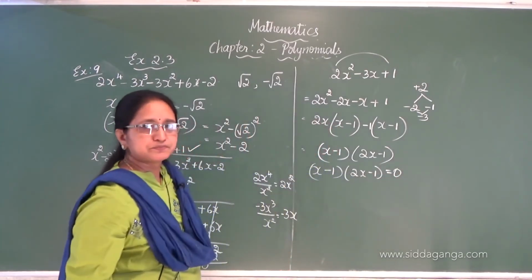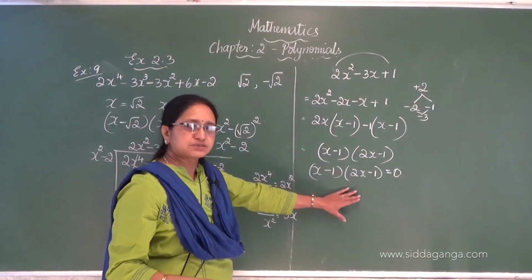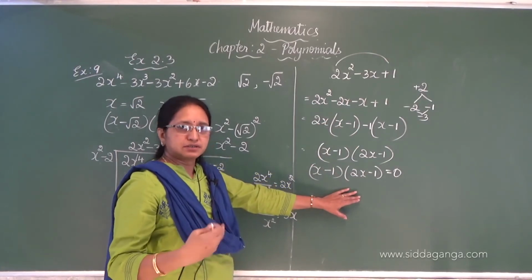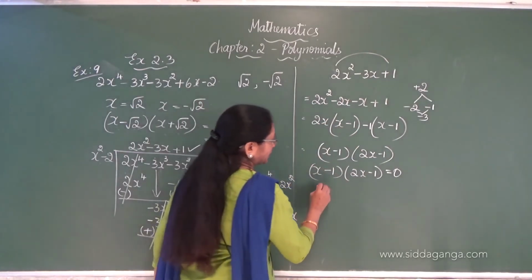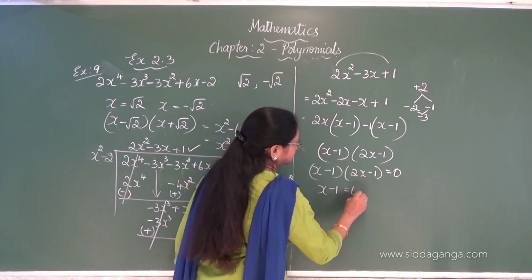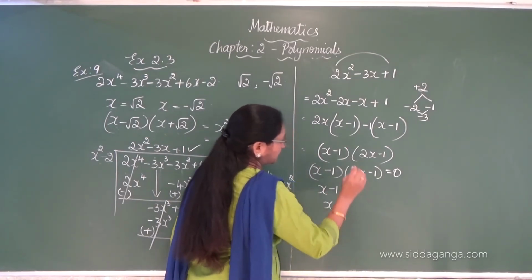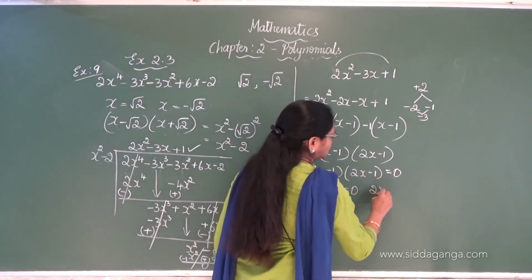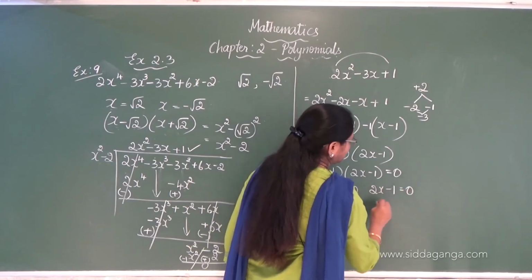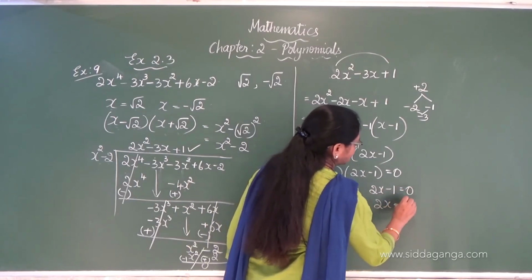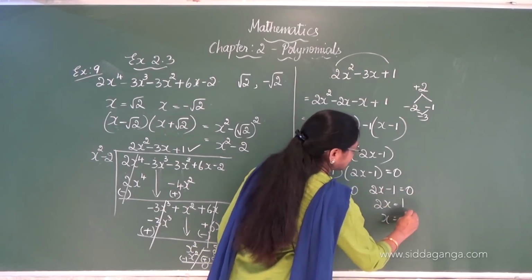This part we have done already in the previous class. Now x minus 1 is equal to 0, so x is equal to 1, and in this case 2x minus 1 is equal to 0, so 2x is equal to 1, x is equal to half.